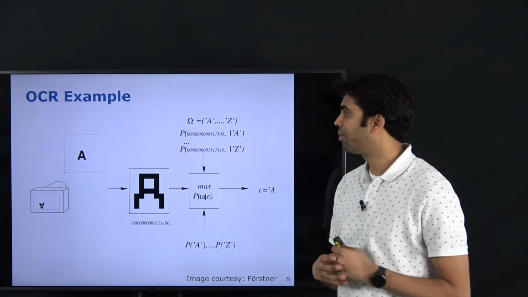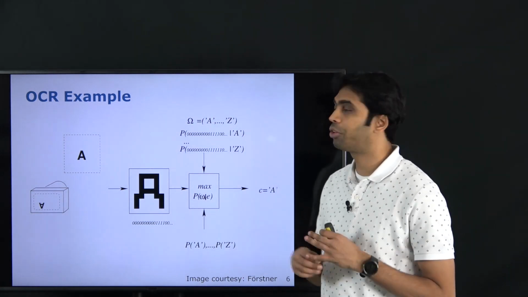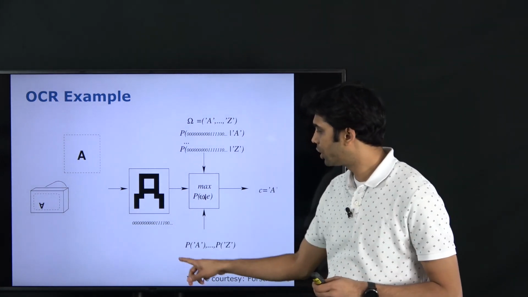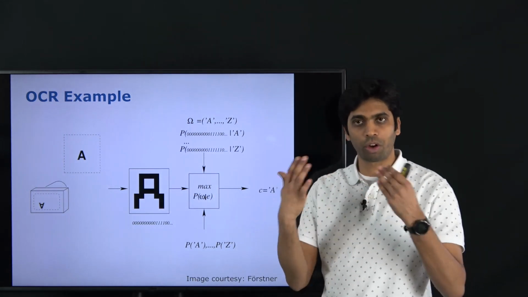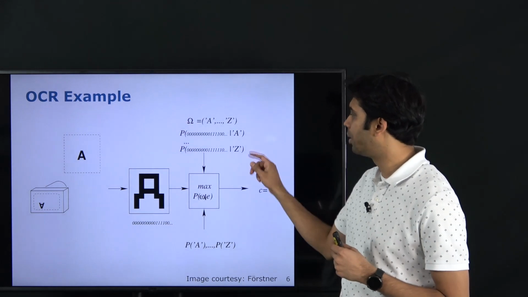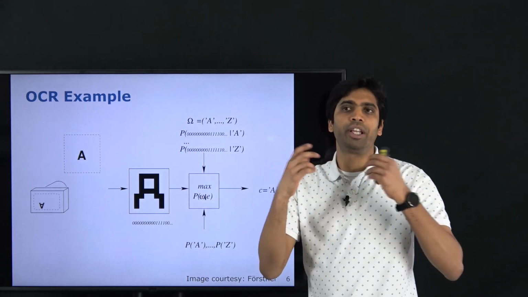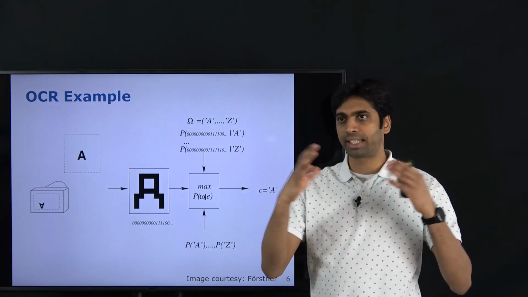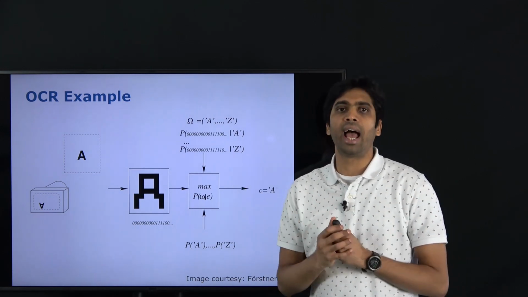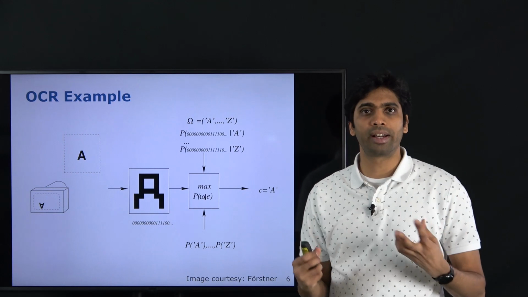And if you know a little bit of Bayes' theorem, you know that this usually constitutes two parts. One is what is called the prior information of your image or of your data, and one is the likelihood. For example, if you think of the prior information, we know, if we are writing in English, that we have these characters A to Z, and usually some of the letters occur more than others.